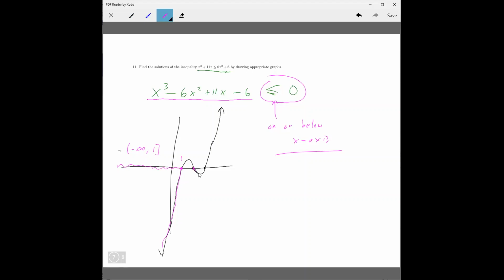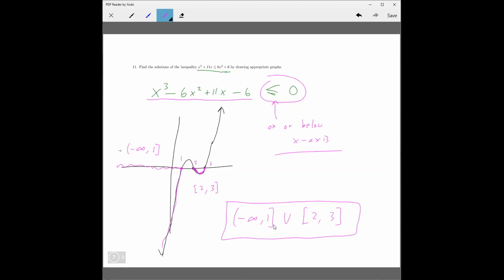Okay, and then all this in here, it's below or on. That's going to be 2 to 3. Okay, so the answer is going to be this. Now again, this symbol in the middle, you can get that by typing in the word union.